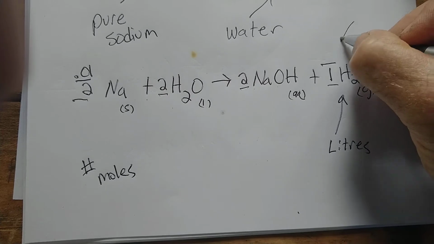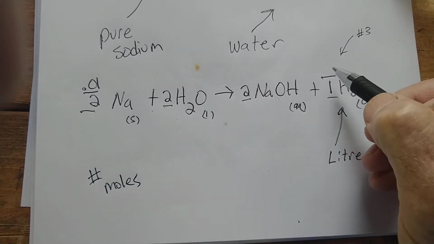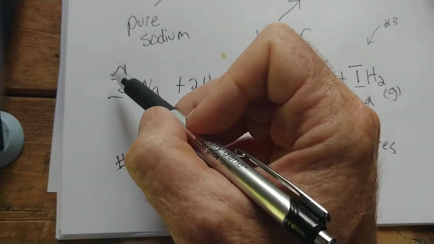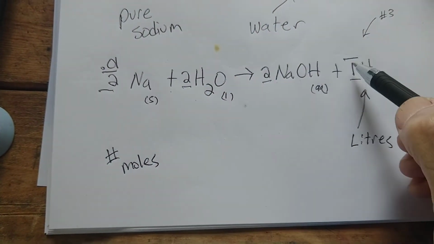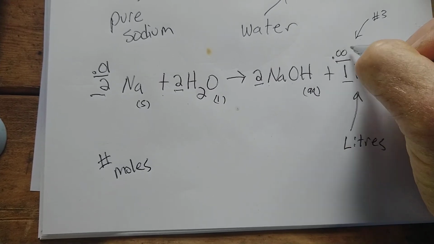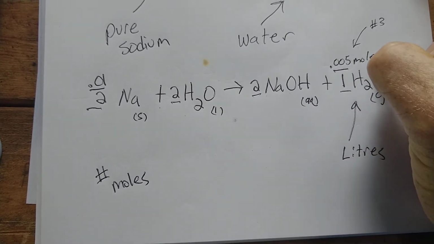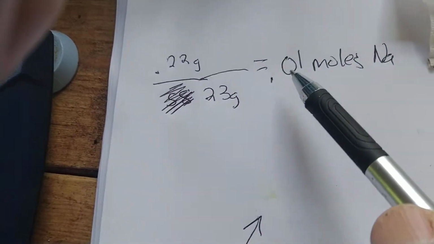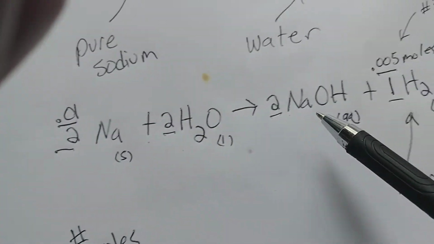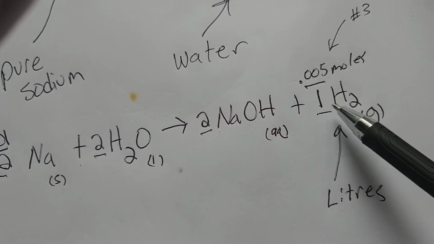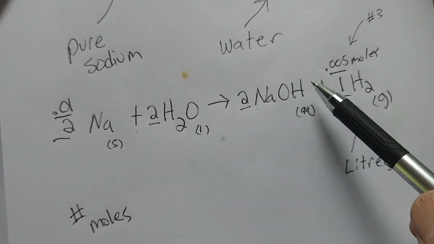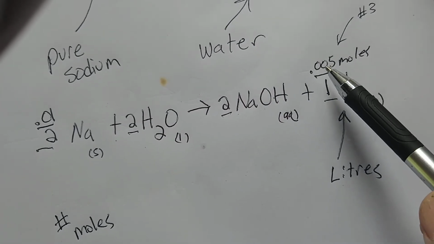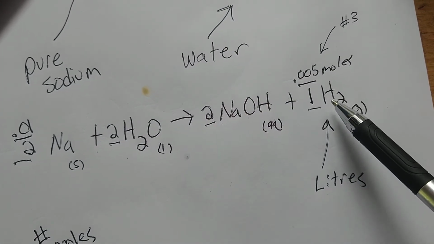That's our question number 3, what number goes here? 0.01 is to 2 as x is to 1. And that's going to be 0.005 moles. Okay? So, if we have 0.22 grams of pure sodium, that really means we have 0.01 moles of sodium. 0.01 is to 2 as 0.005 is to 1. So if we do this chemical reaction, then we're going to be making 0.005 moles of hydrogen gas.